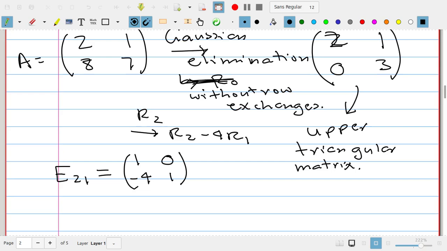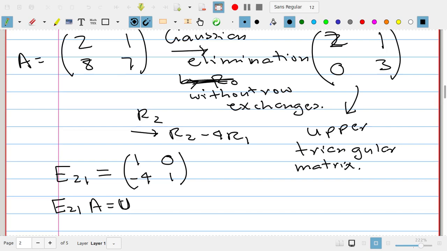Okay, so I know that E21 times A should give me U, this upper triangular matrix.